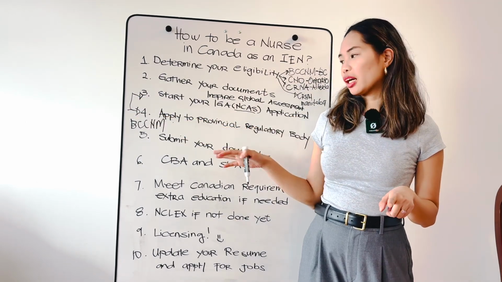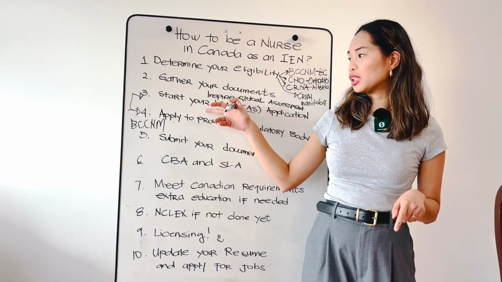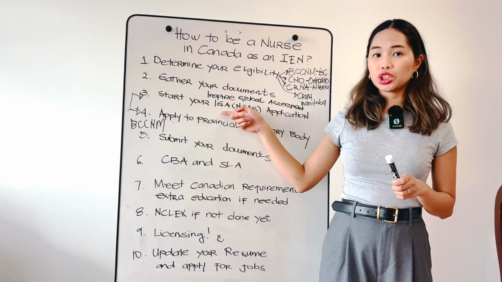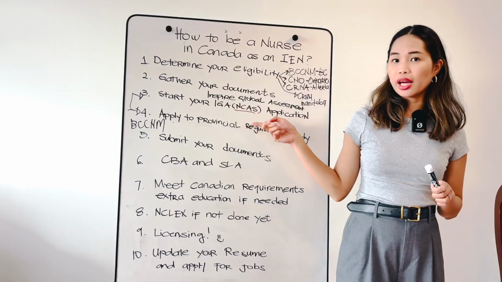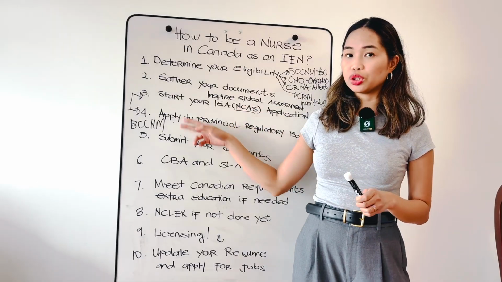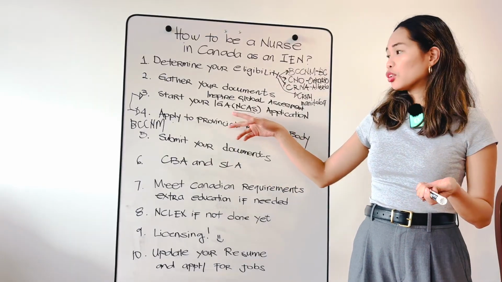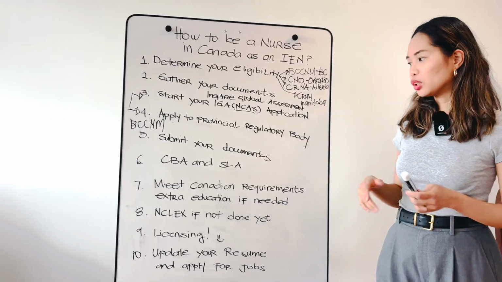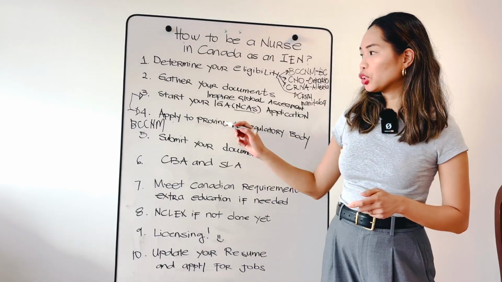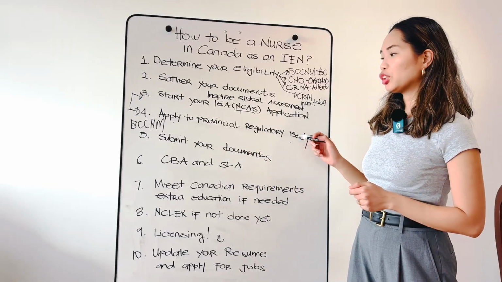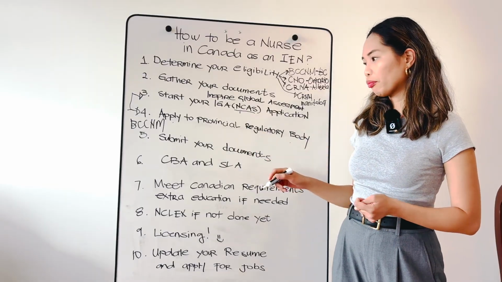But on their website for BCCNM, it actually states that they prefer you to start your application to Inspire Global Assessment first or NCAS, but you can also do it together. You can also do the submission of documents together as well, right? So there's no delay. Next would be submit your documents to NCAS, Inspire Global Assessment, and to BCCNM as needed.